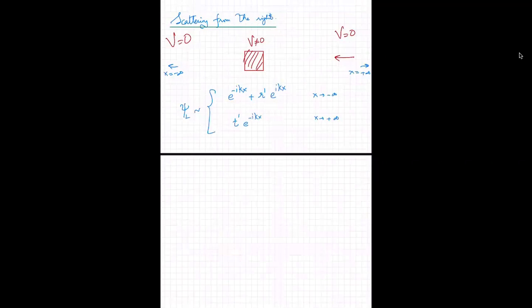Okay, so this is what your rough intuition should be, because it really doesn't matter if I'm standing to the left and throwing a particle or if I'm standing to the right and throwing a particle, because the way the particle interacts with the potential is going to be the exact same, even if it approaches the scattering center from the left or the right.